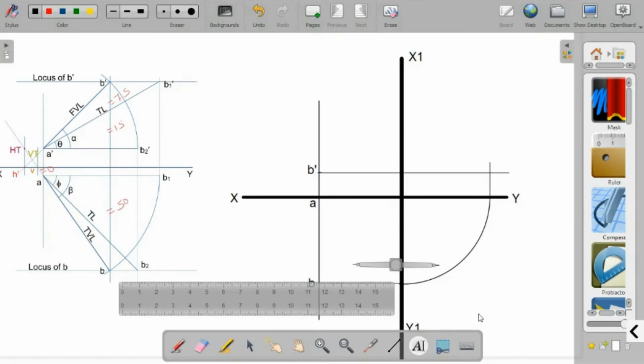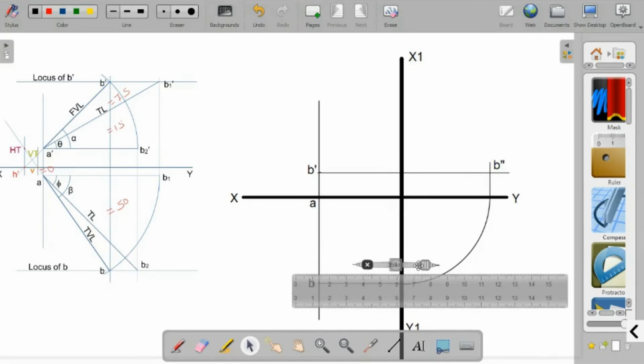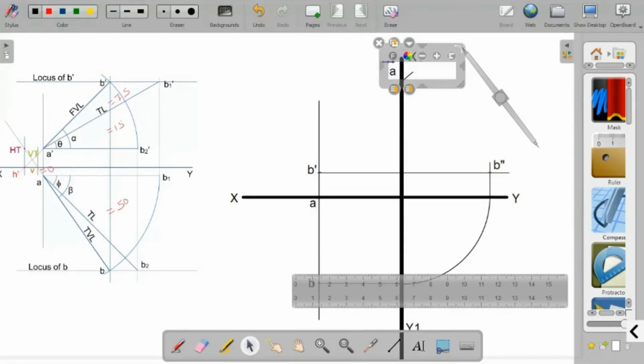This point is B double dash. Now with this point as center and 7.5 centimeter, that is 75 millimeters radius, the true length as radius, we draw an arc here. Now this point is point A double dash.